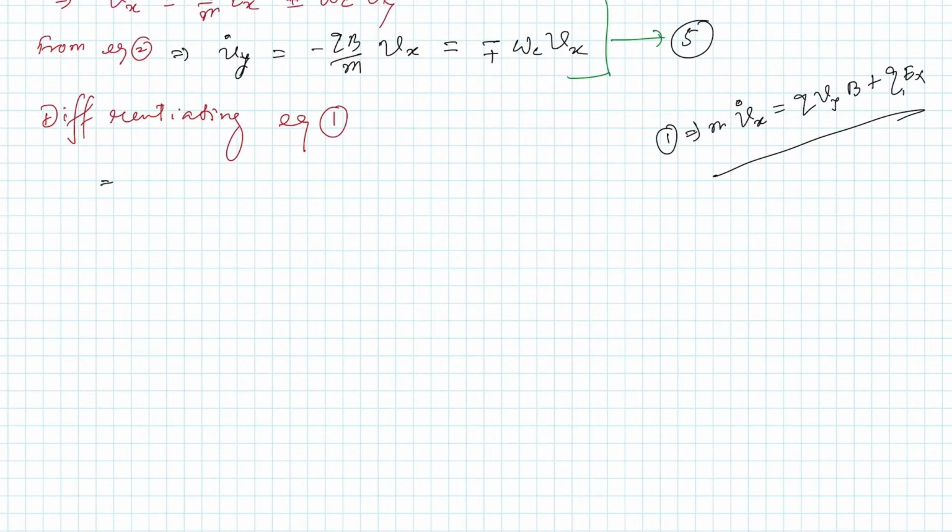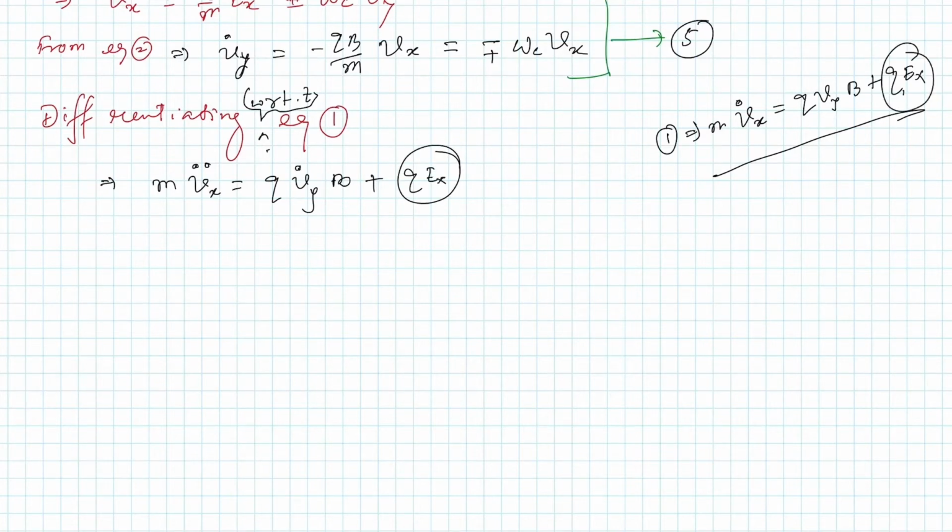If you differentiate this with respect to time, then you will get m v x double dot is equal to q v y dot B plus q E x, and this part will be 0 because q E x is constant. So we will have this one only.